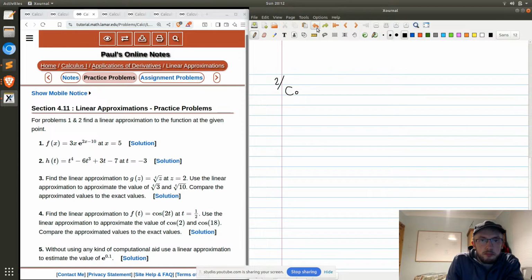So we'll literally just compute h prime of t. All right, so that's 4t to the 5. No, 4t cubed rather, minus 18t squared, plus 3t, just like that. Now, let's compute h of -3 and then h prime of -3.